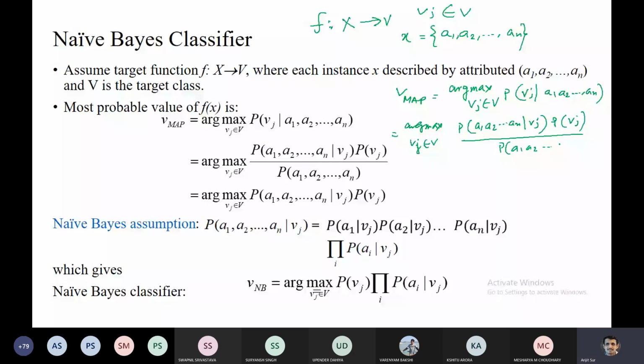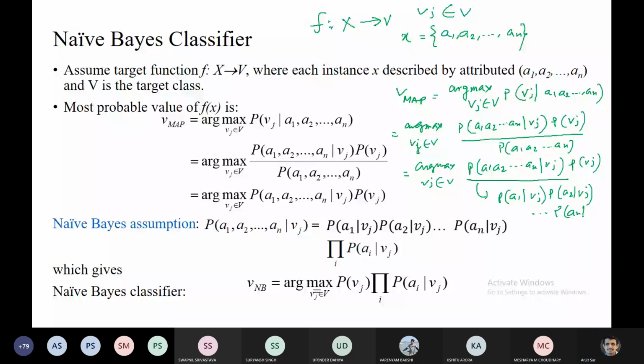Okay, so this denominator is constant, so we just omit it. Argmax over Vj belonging to V of this term, P of a1, a2, dot dot dot an given Vj, times P of Vj. Now what is the naive Bayes assumption? This is equal to P of a1 given Vj, P of a2 given Vj, dot dot dot P of an given Vj.